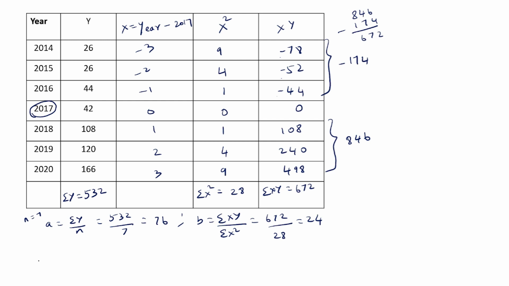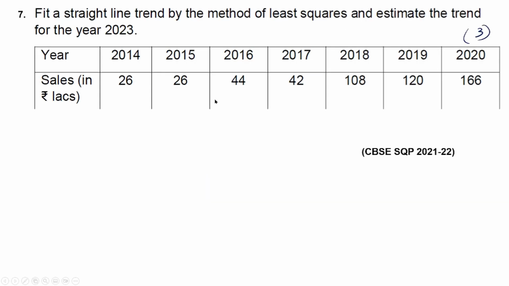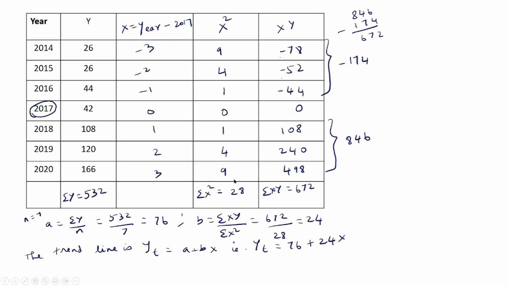So we have the trend line yt equal to a plus bx. That is yt equal to a is 76 plus b is 24 into x. We have one more question which is asked. We have to find the trend for the year 2023.